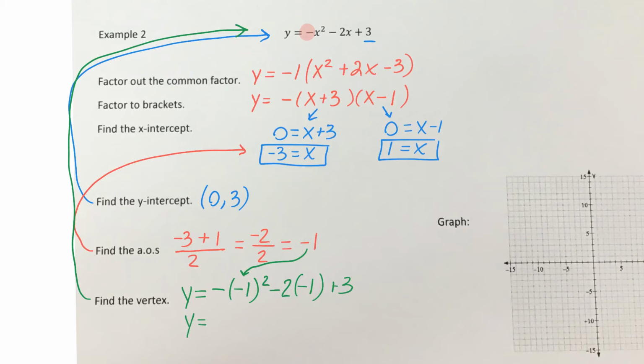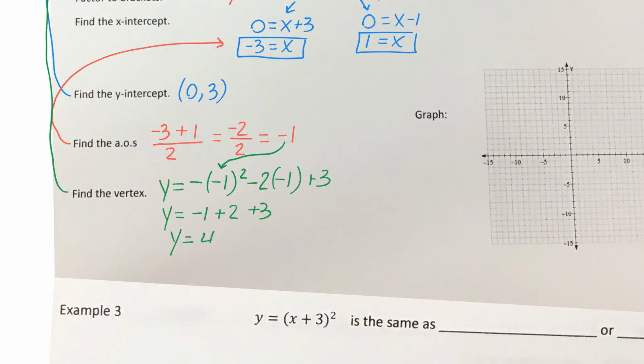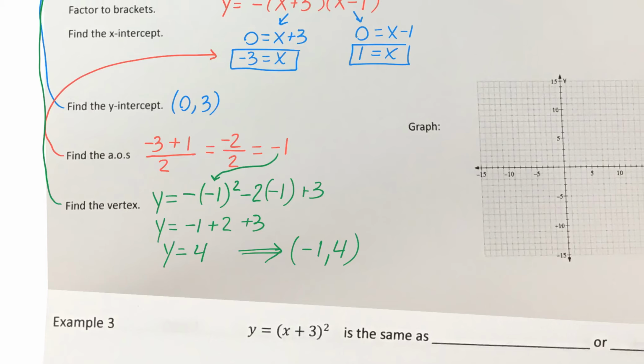So be careful. -1 squared is 1, times a negative is -1. -2 times -1 is 2, plus 3. So y equals -1 plus 2 is 1. 1 plus 3 is 4. So what does that mean? That means my vertex is at (-1, 4).